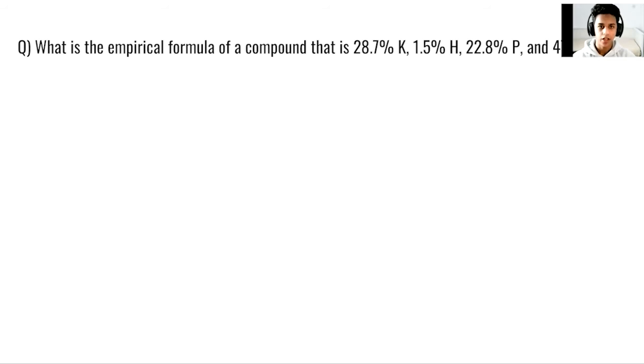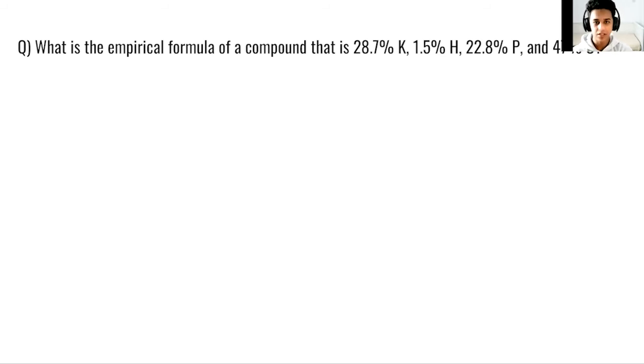It's explained very clearly. We will start by taking the percent of each element and dividing it by the AMU of it, or the molar mass, which is the same.